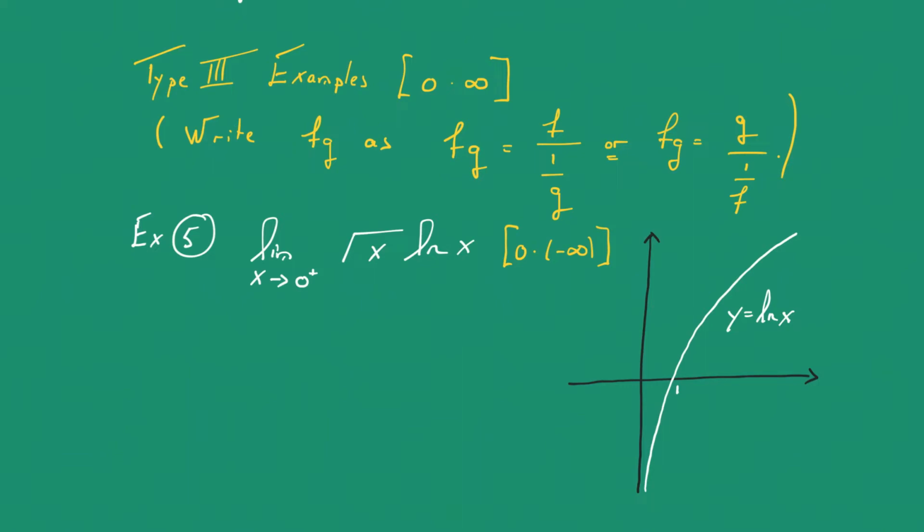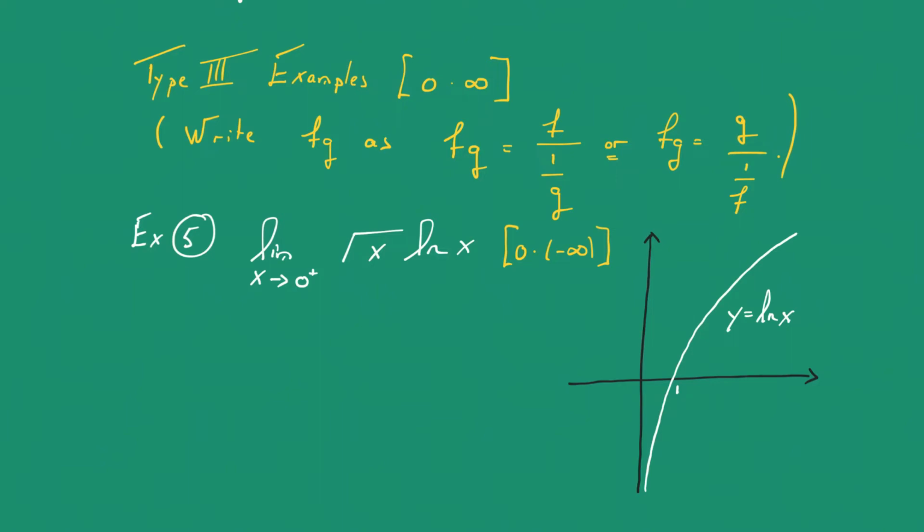Well, we have to either decide to put root x in the denominator as its reciprocal, or log x in the denominator as its reciprocal. And usually you want to pick the one whose reciprocal is going to be easiest to differentiate. So in this case, I'm going to put the root x in the denominator as its reciprocal.